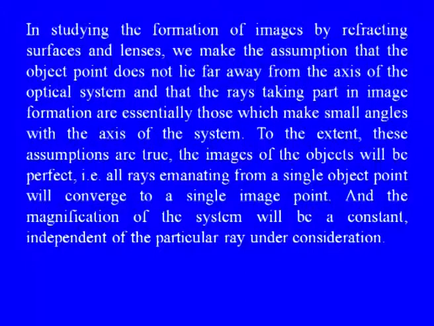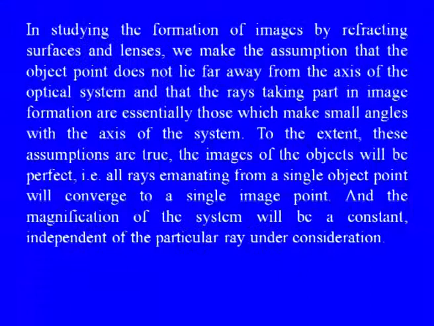In studying the formation of images by refracting surfaces and lenses, we make the assumption that the object point does not lie far away from the axis of the optical system, and that the rays taking part in image formation are essentially those which make small angles with the axis of the system. Sometimes we may not say this predominantly, but this is an implied assumption all the time.